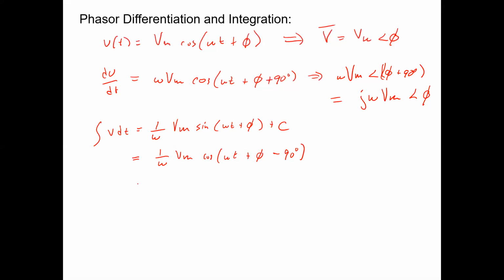And that's going to equal, in the phasor domain, we can take out that 90 degrees and call that minus j. And that becomes minus j over omega Vm cosine of omega t plus phi.